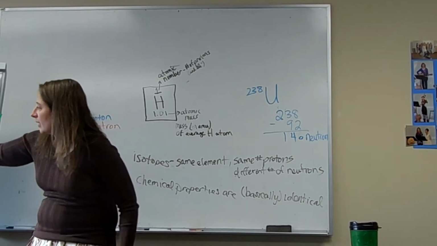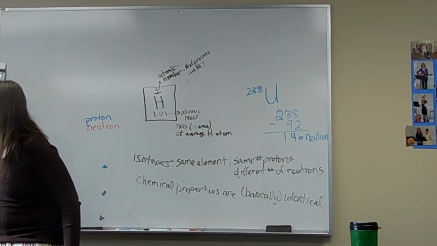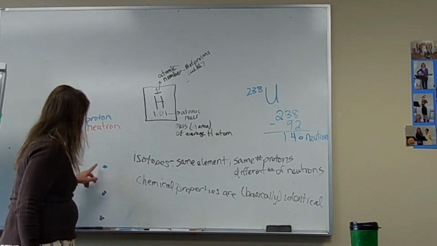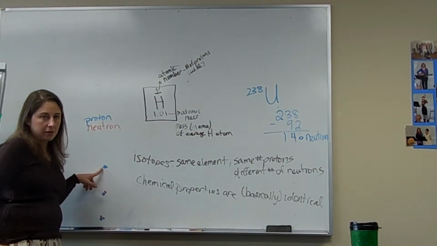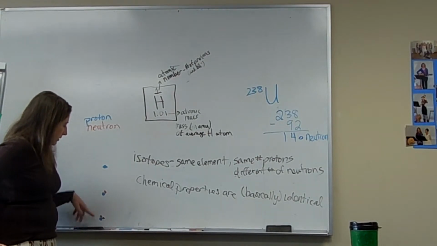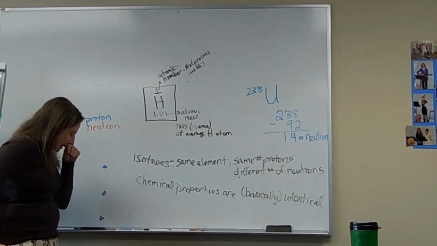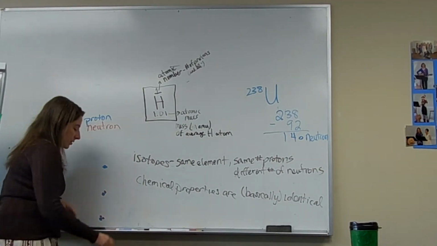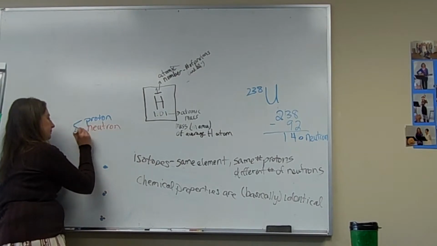And if you look at the mass, you can see it's 1.01-ish, right? So almost all of them just have one proton in the nucleus, and that's it. These isotopes are more rare, but there are these three isotopes. And that's the whole nucleus. Protons and neutrons are found in the nucleus.